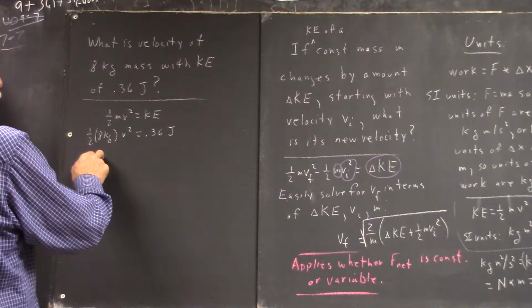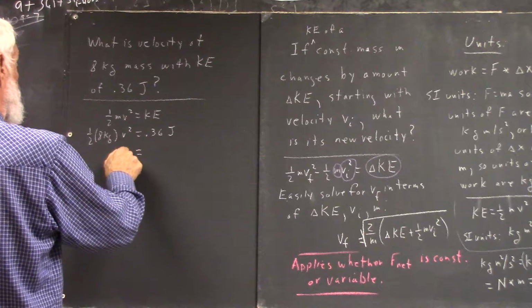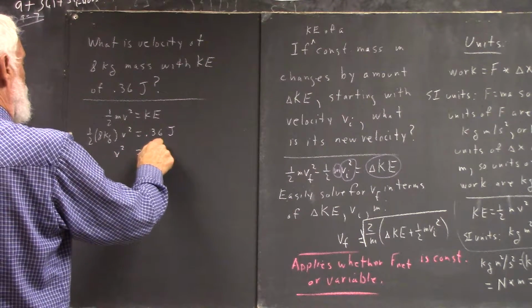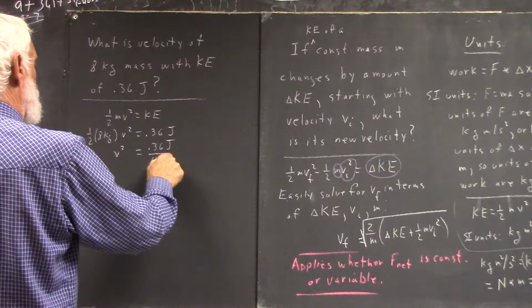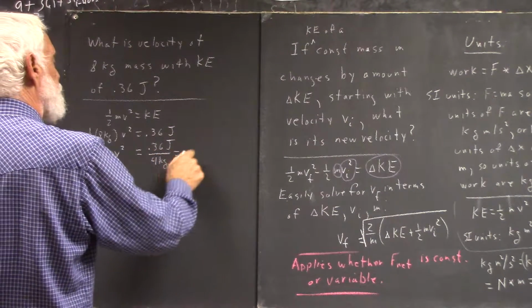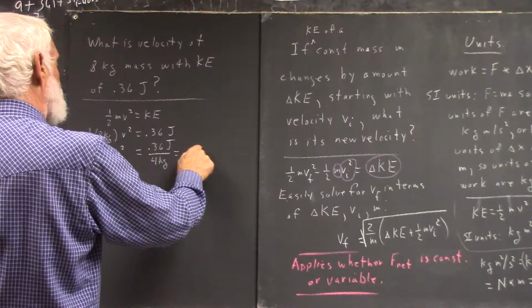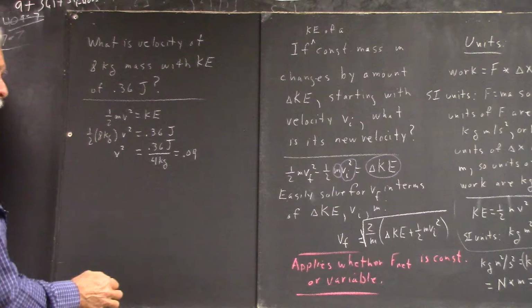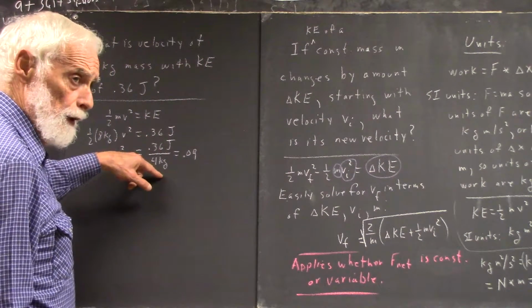Well, half of 8 kilograms is 4 kilograms. We divide that into the 0.36 joules. And I'll actually write that out, 0.36 joules over 4 kilograms equals 0.09 joules over kilograms. Okay? Now what's a joule over a kilogram?